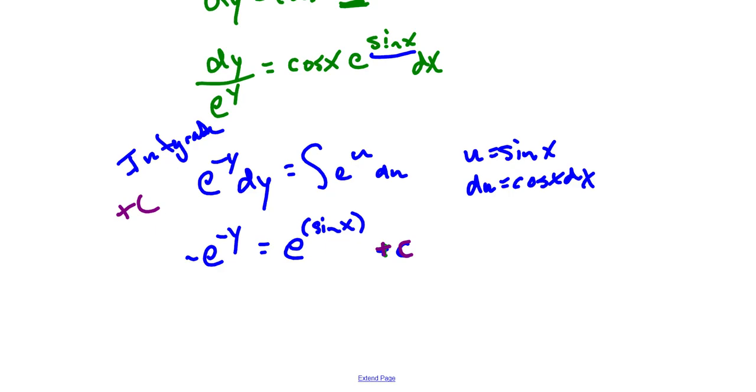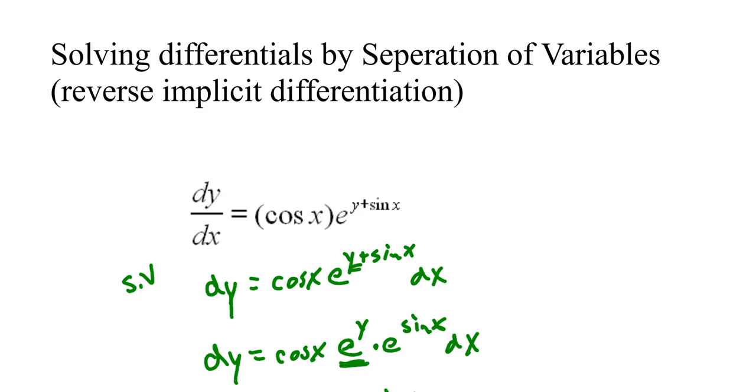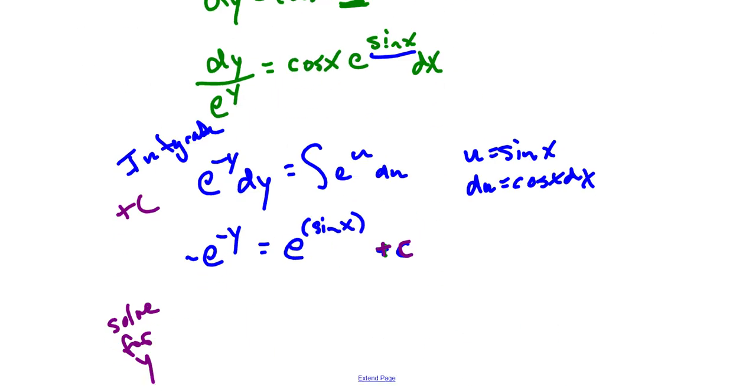Now from here, we want to solve for y. Why? Because we want to get y by itself, because we're solving the differential equation. So we're going to divide by negative. So we have e to the negative y equals negative e to the sine of x.